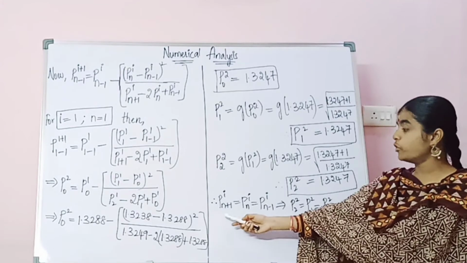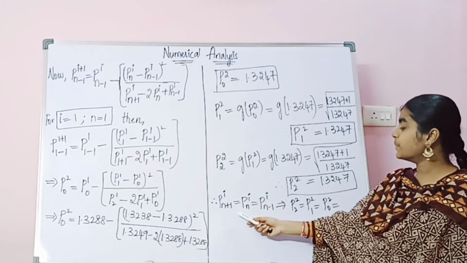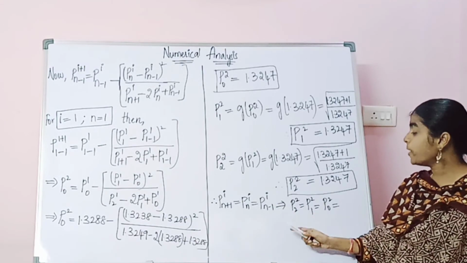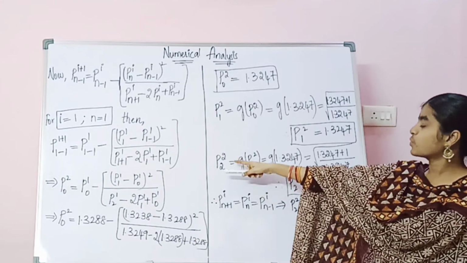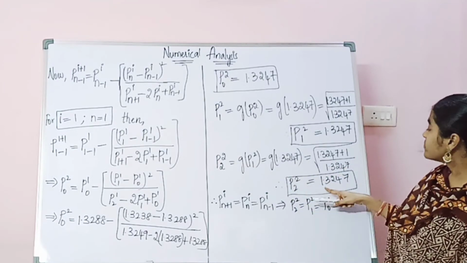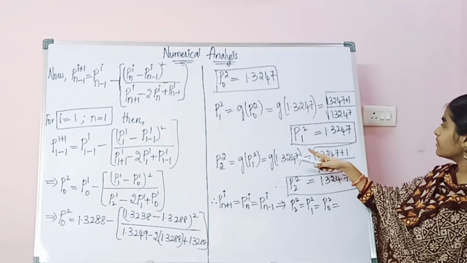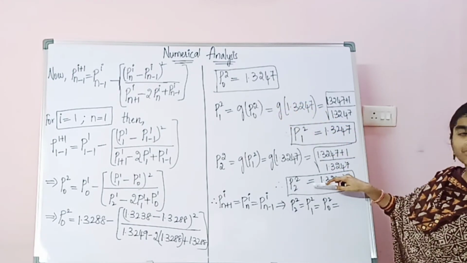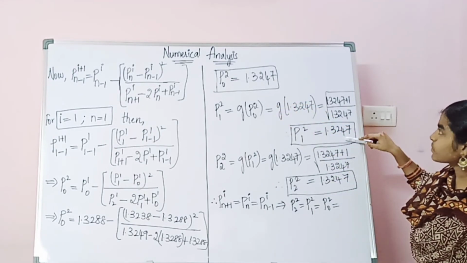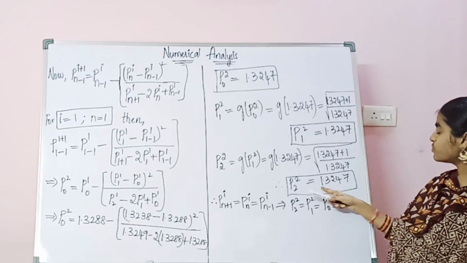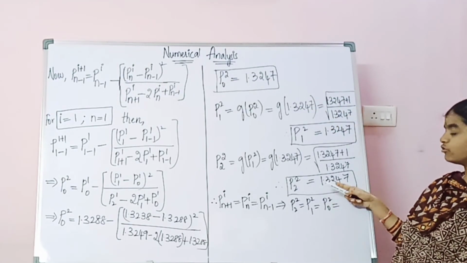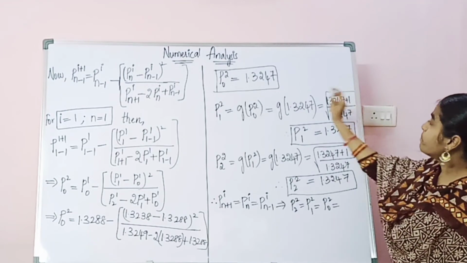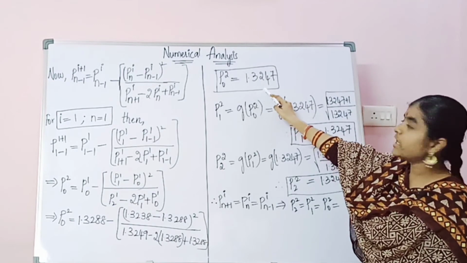As we discussed in Steffensen's method, we have to continue this process until the three values are equal. Therefore, P_{n+1} power i equals P_n power i equals P_{n-1} power i. Here P2 square, P1 square and P0 square are all 1.3247.